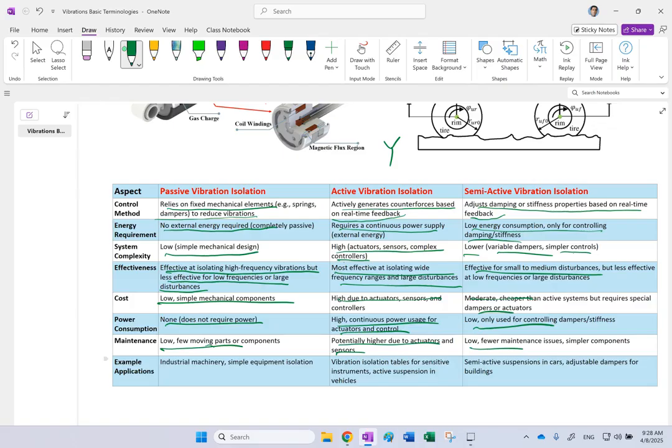And for different examples, for simple equipment isolation, simple industrial machinery, we use passive vibration isolation. For tables that we use for sensitive instruments, in expensive cars, as you saw, electron microscopes and so on, we use active ones. And in some of the cars and some of the buildings, we use semi-active.